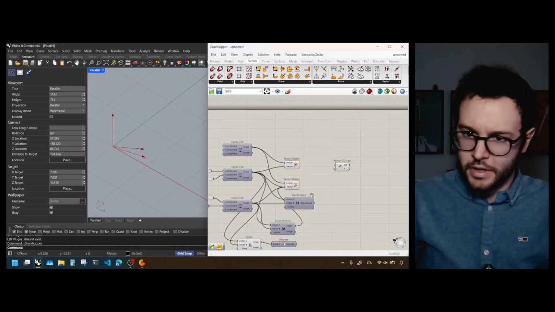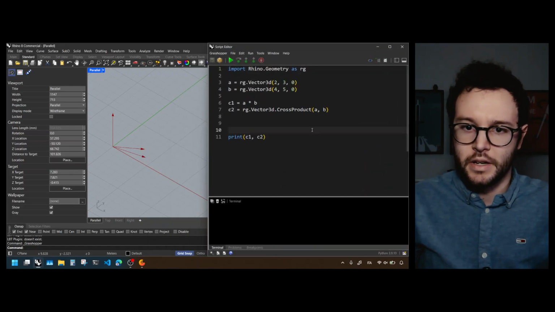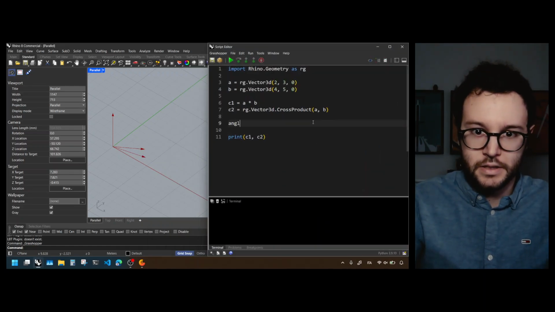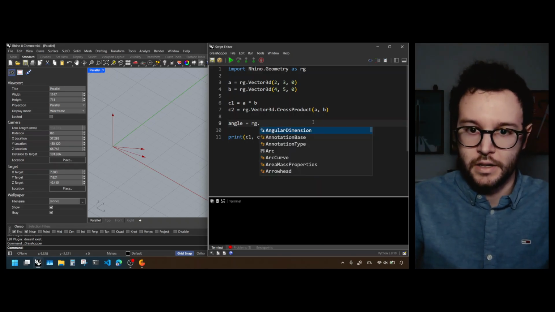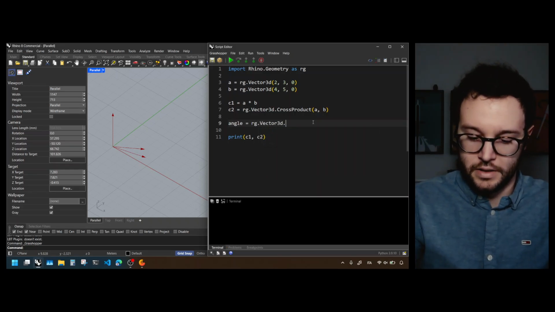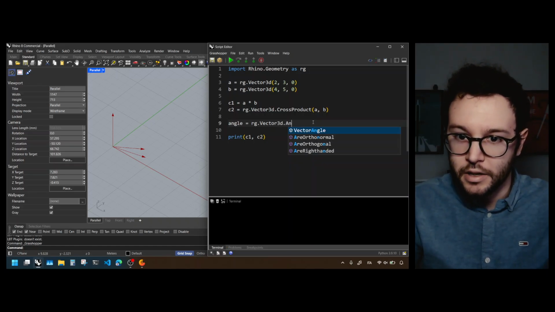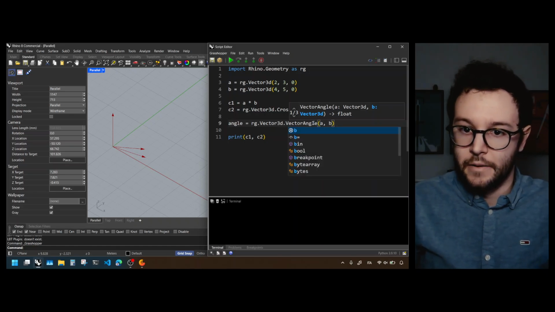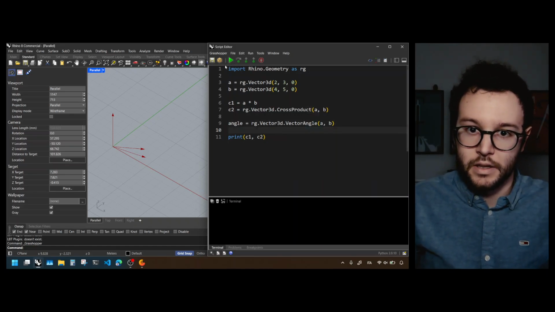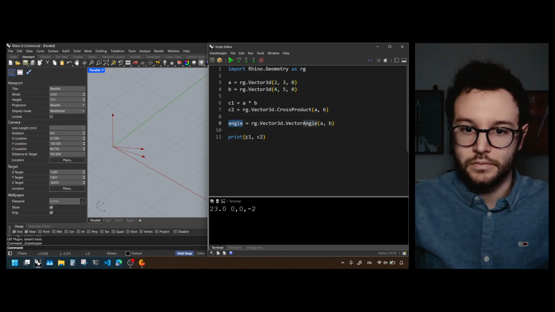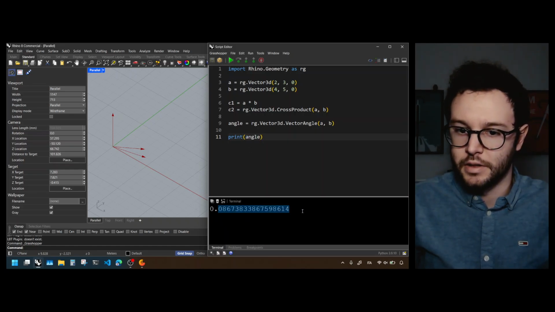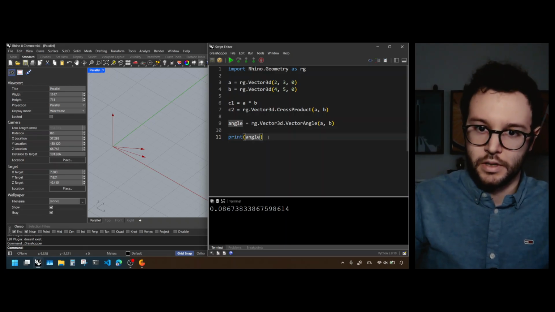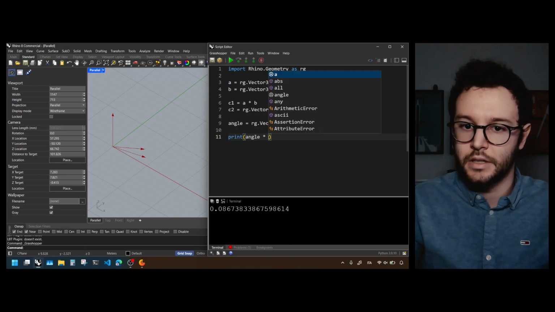And there is a way to do it in Python as well using the API. I don't remember it exactly. Let's see if I can find it quickly, otherwise we'll just end here. I believe it's vector angle, like this. And then we have an angle. We can print it like that. And indeed, we have an angle in radians, which we could convert to degrees quite easily.